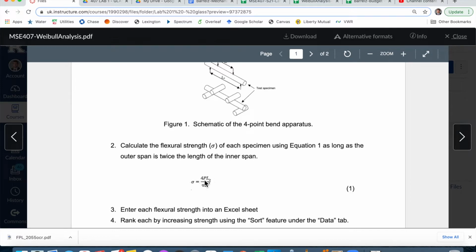I need to know the force at fracture, the outer span, and then the diameter, right? So those are what I need to know. So I need to basically use this equation, integrate it into my spreadsheet. I'm going to go ahead and just write that down so that I don't have to flip back and forth.